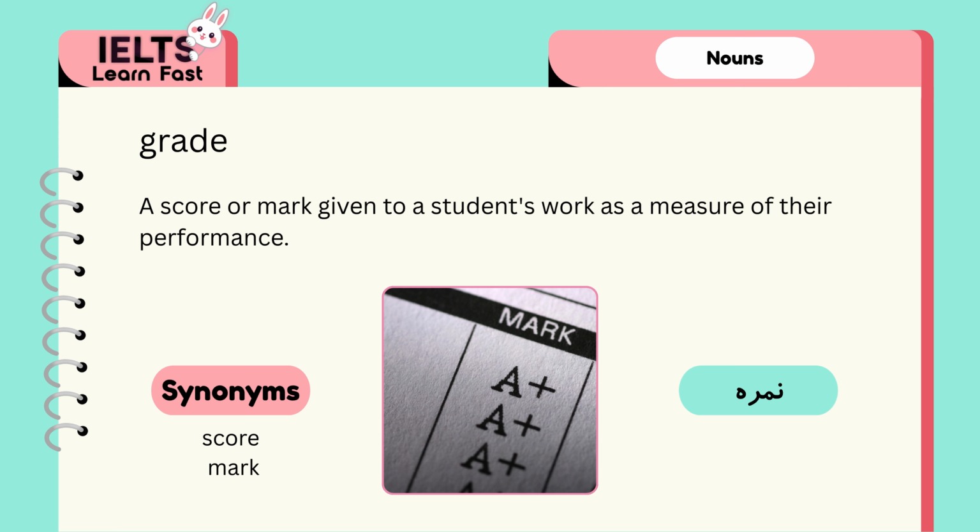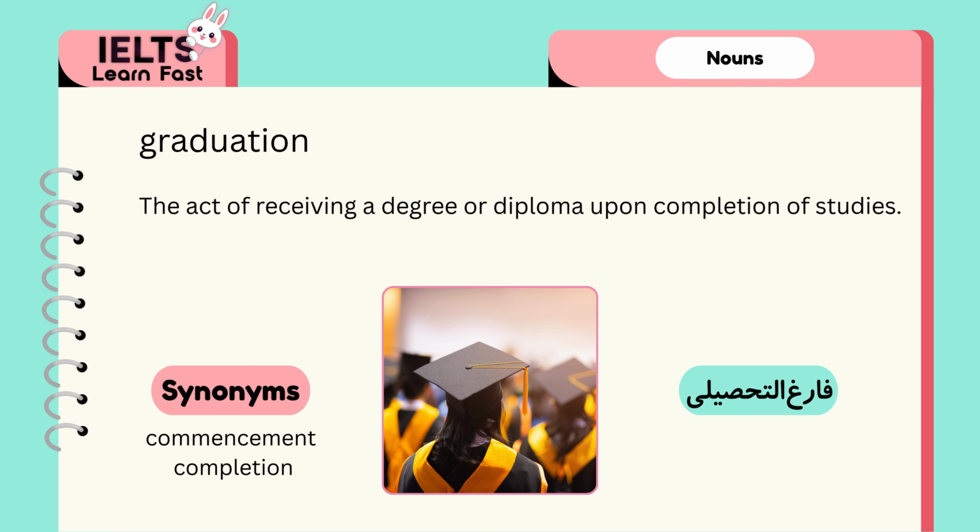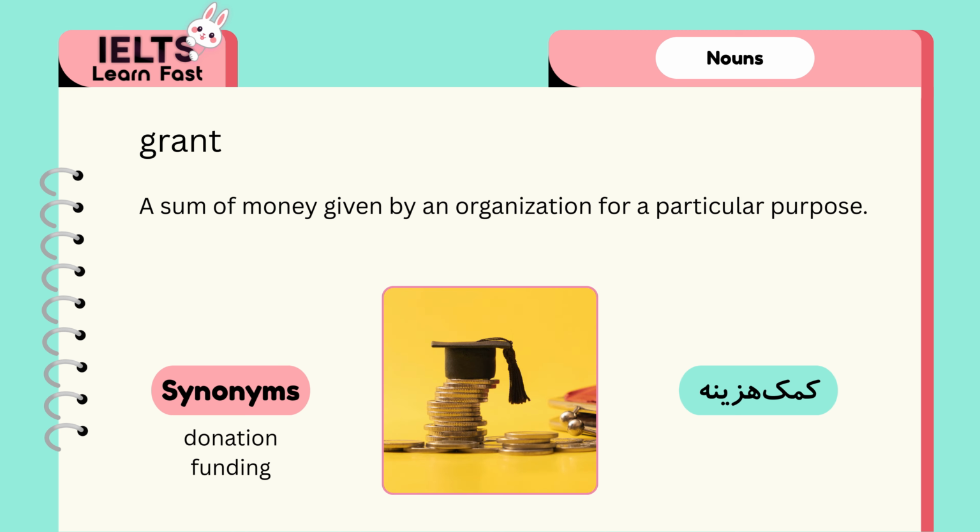Synonyms: score, mark. Graduation: the act of receiving a degree or diploma upon completion of studies. Synonyms: commencement, completion.